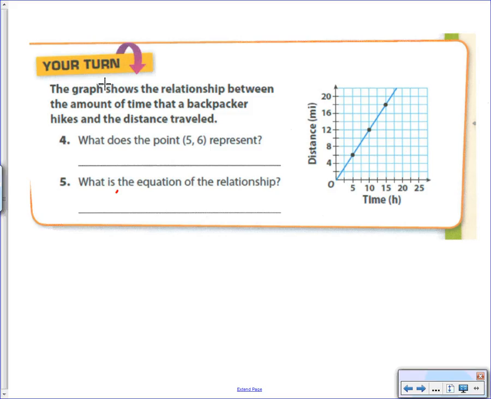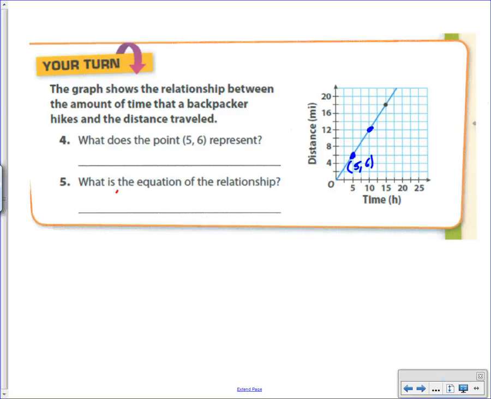The graph shows the relationship between the amount of time that a backpacker hikes and the distance traveled. What does the point 5, 6 represent? So what does this point represent? So let's look at our first thing we're going to do is we're going to look at the labels of the x and y axis.